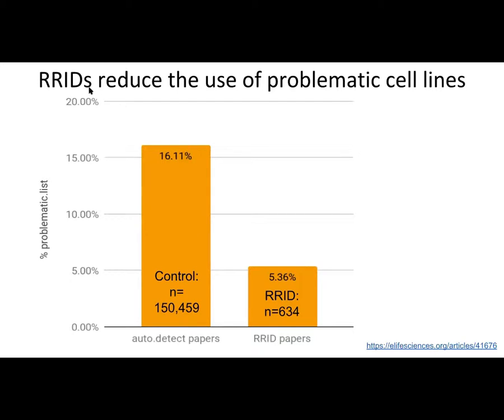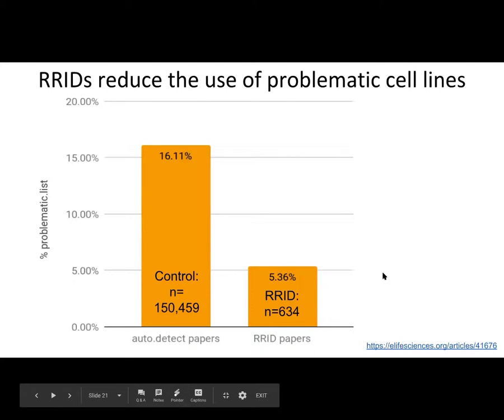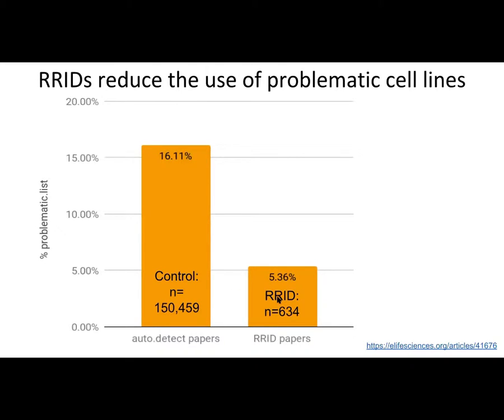When we looked at the overall number of papers that had one of these cell lines that were on the ICLAC list, we found that about 5% of papers where the authors used an RRID matched one of the problematic cell lines.